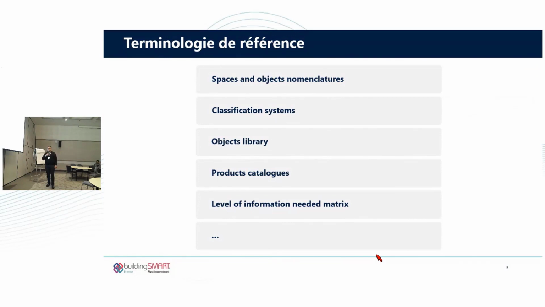We are speaking today about terminology and semantics. Right now on projects, dictionaries are great, but we don't have dictionary projects right now. In some ways we are trying to set that up on use cases for implementation, but on the major part of projects, at least in France, we have space and object nomenclatures, classification systems, subject libraries, product catalogs, and other stuff that is not easy to use.